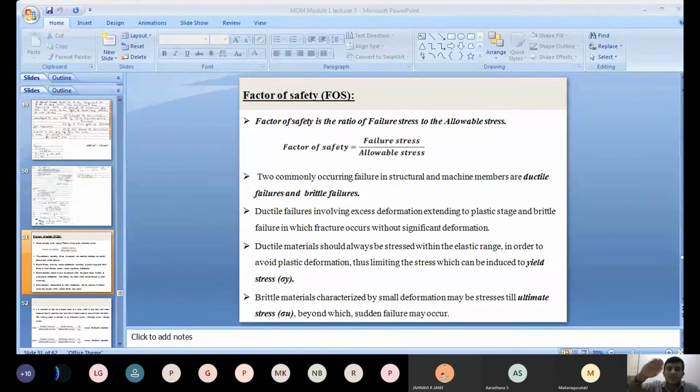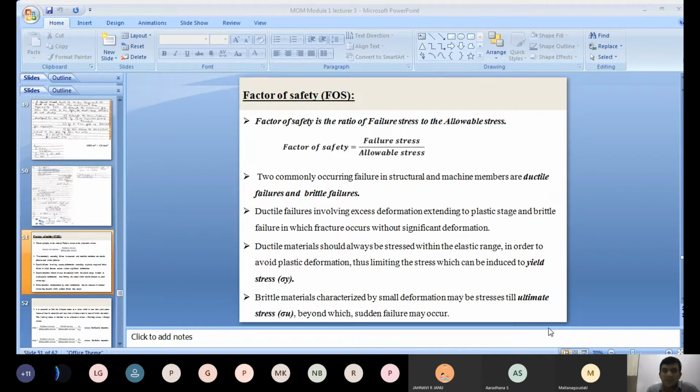Once it reaches the limit and deviates from the straight line, it immediately undergoes the plastic stage, and without any warning the material will fail. You can see this in cast iron, even in glass. Beyond that, sudden failure occurs.